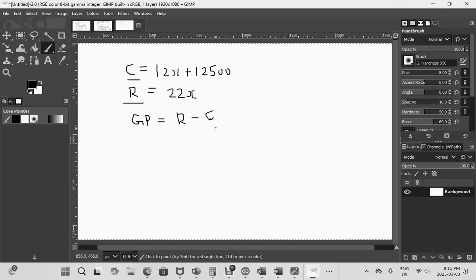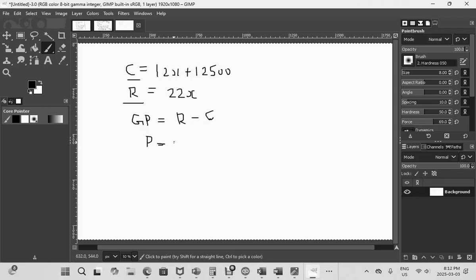On your income statement, your gross profit will be revenue take away cost of goods sold. So over here, profit equals revenue, or sales, take away cost of goods sold.